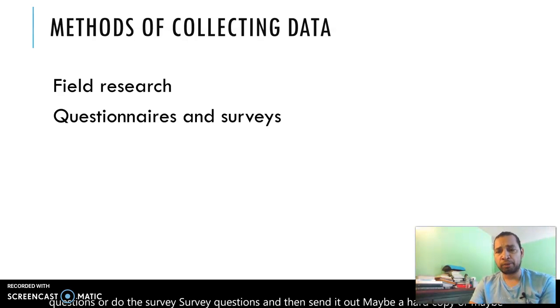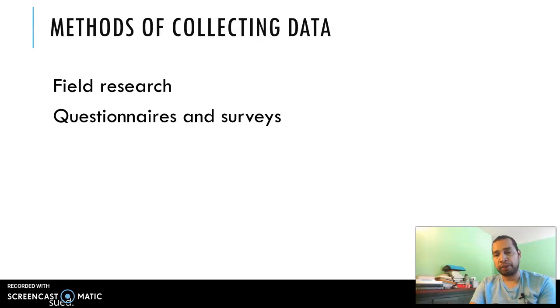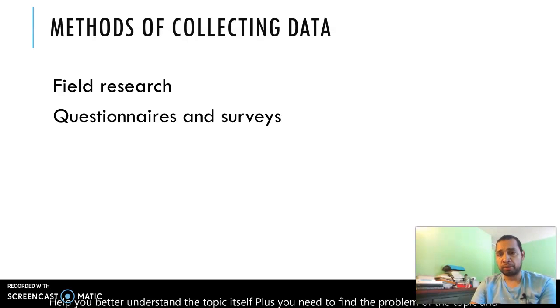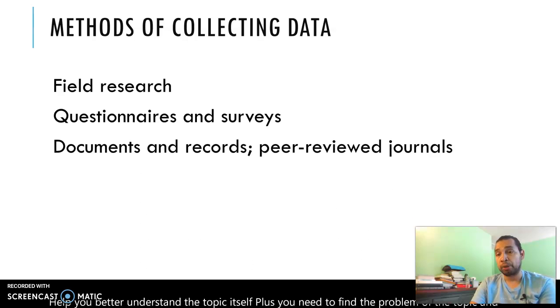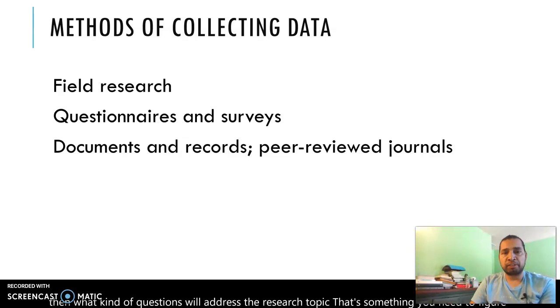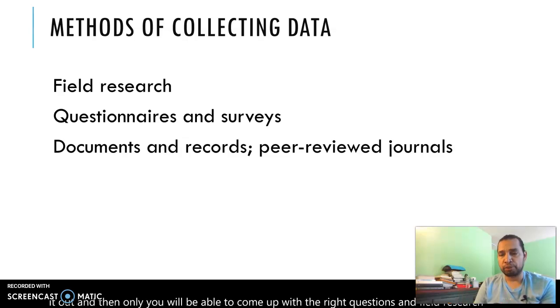But the way you design your survey questions should help you better understand the topic itself. First you need to find the problem of the topic, and then what kind of questions will address your research topic. That's something you need to figure out, and only then will you be able to come up with the right questions. Field research, questionnaires and surveys are the primary source of information, because you individually work on it on your own.